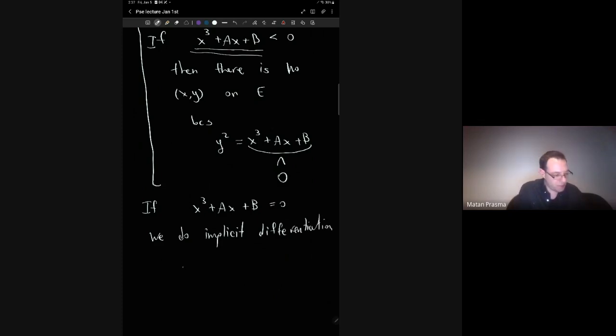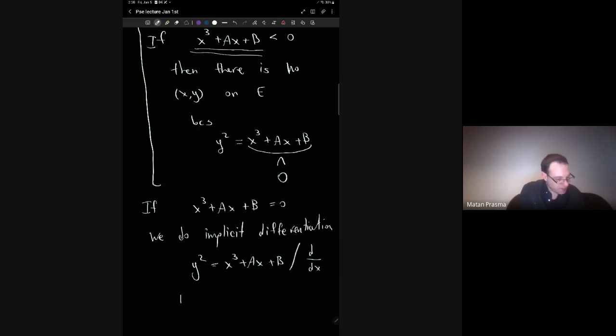And with this implicit differentiation, we simply derive the equation y squared equals x cubed plus ax plus b with respect to x. So we do d/dx.